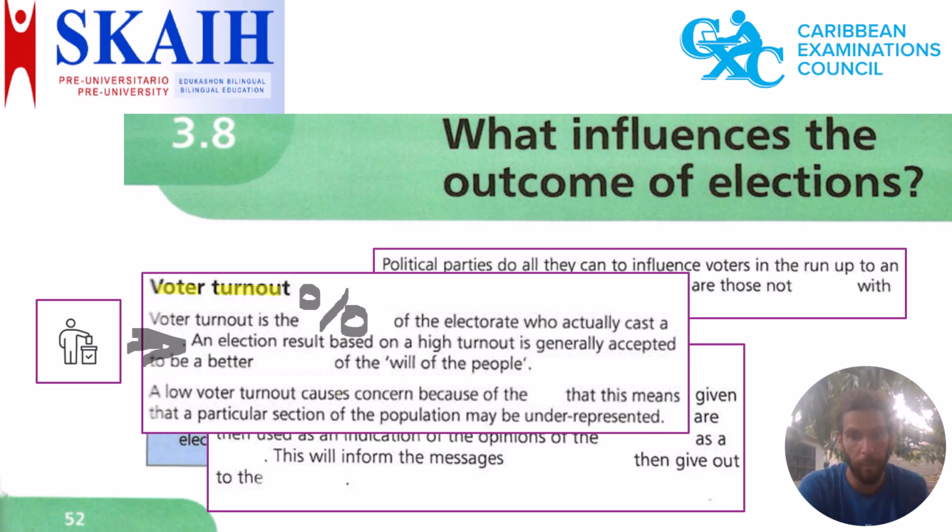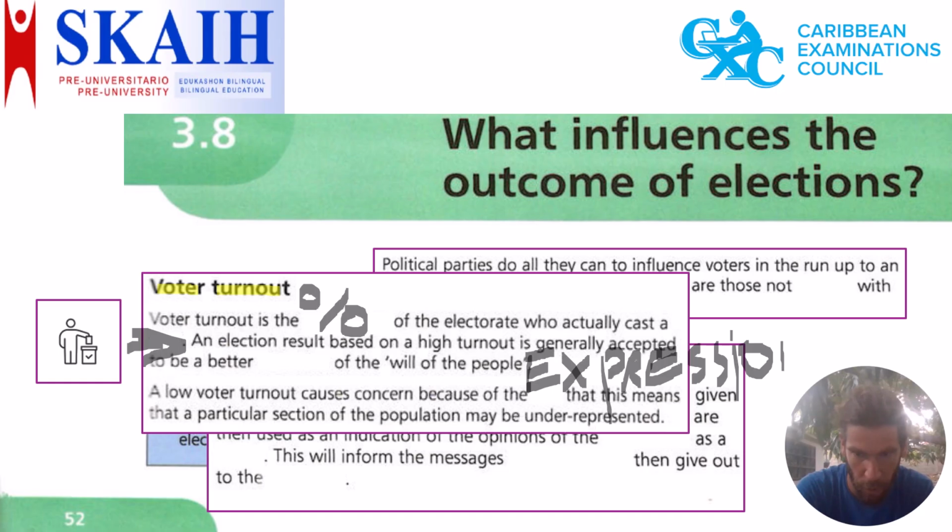An election based on a high turnout is generally accepted to be a better expression or representation of the will of the people, because the people are the population as a whole, and if a lot of people vote, that's a better representation. It could be one of these two, a better expression of the will of the people.